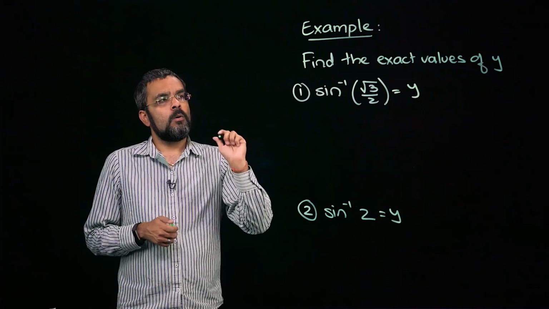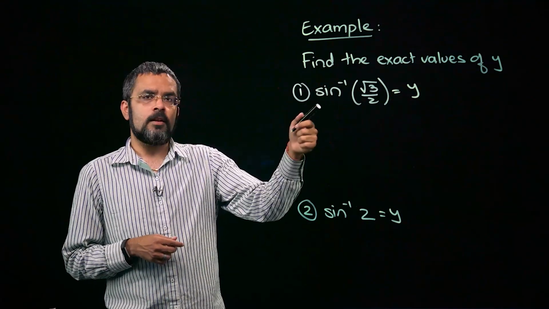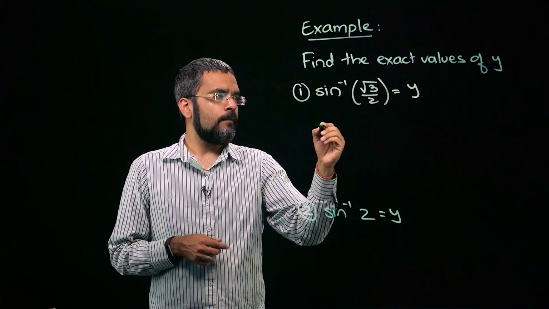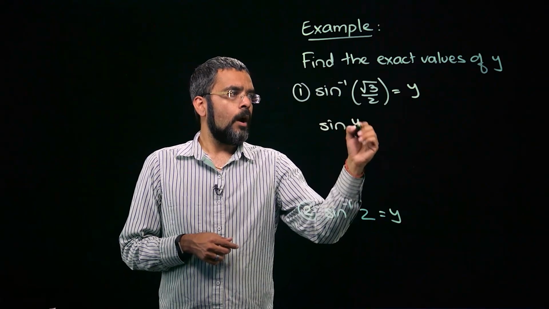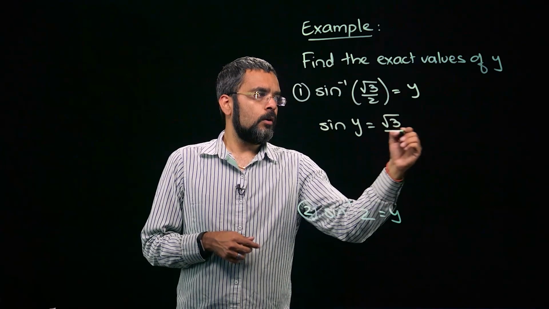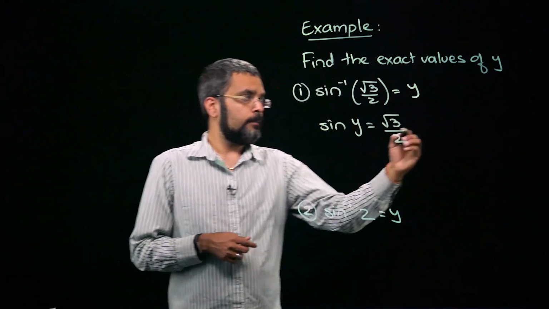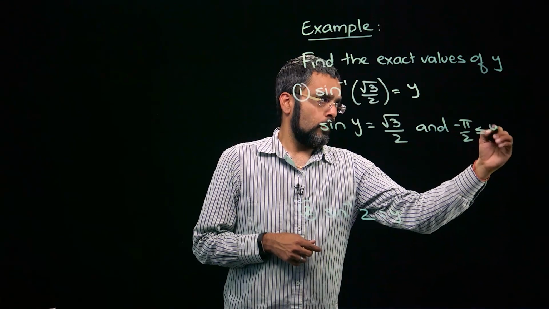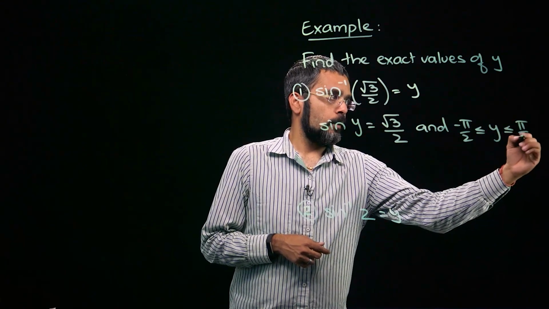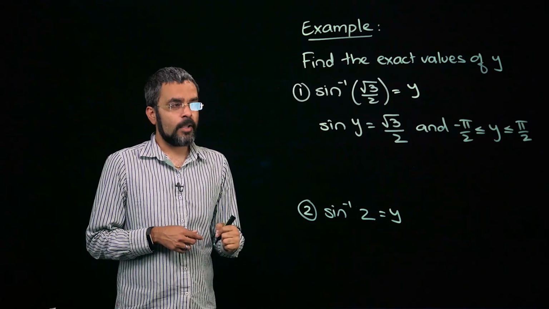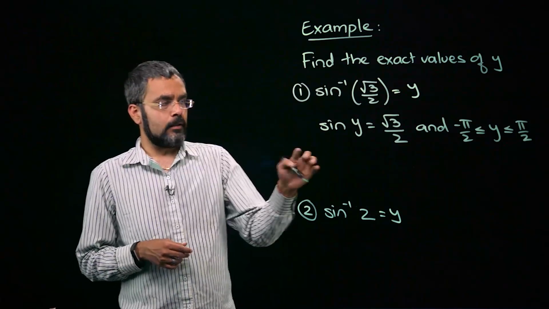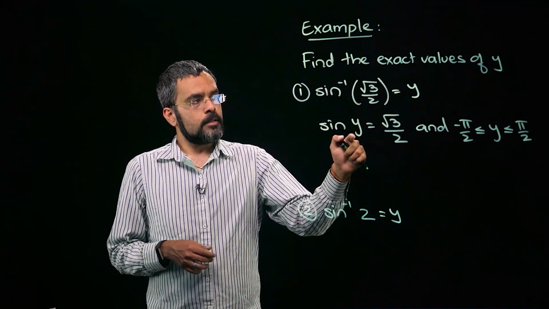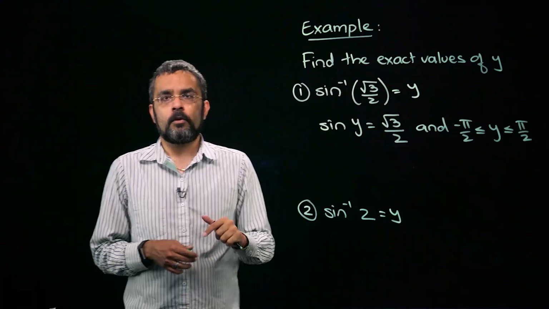According to our definition, sine inverse of √3/2 equals y if and only if sine of y equals √3/2 and -pi/2 is less or equal to y is less or equal to pi/2. So I'm looking for an angle in radians such that sine of that angle gives me √3/2.